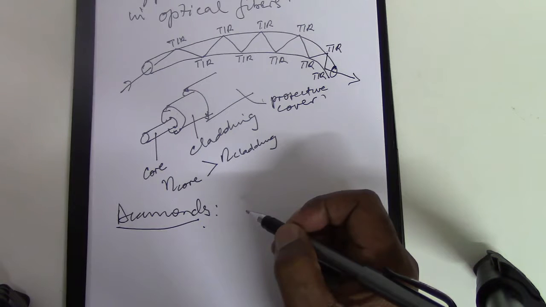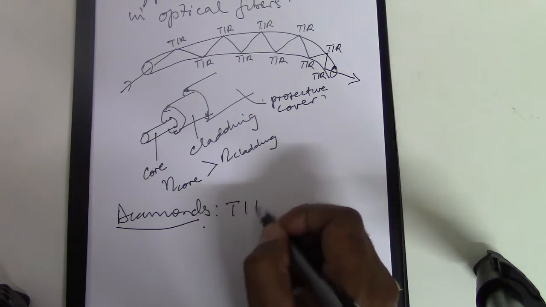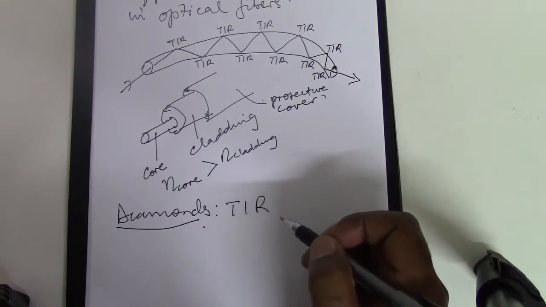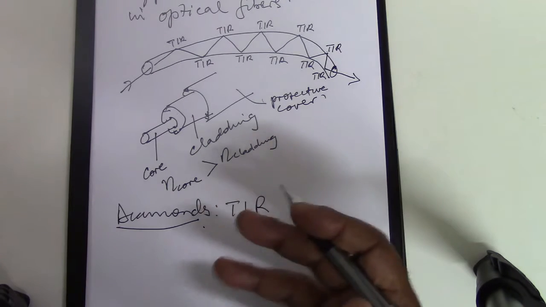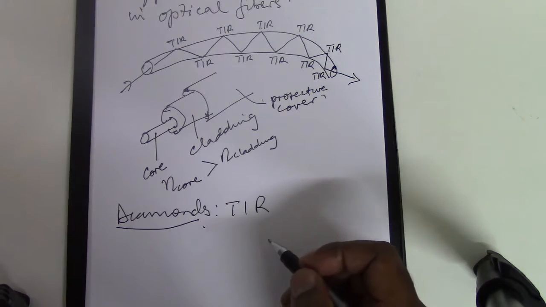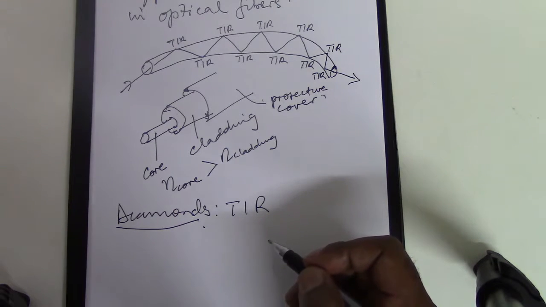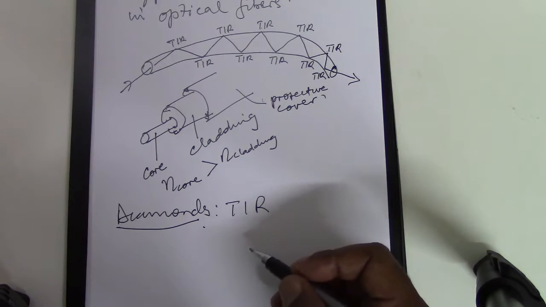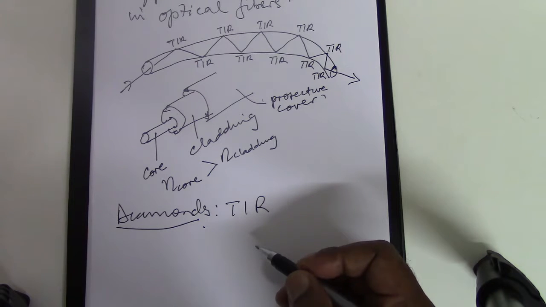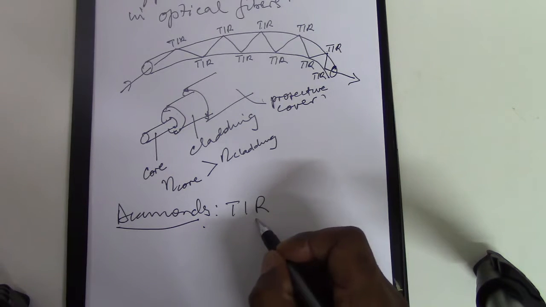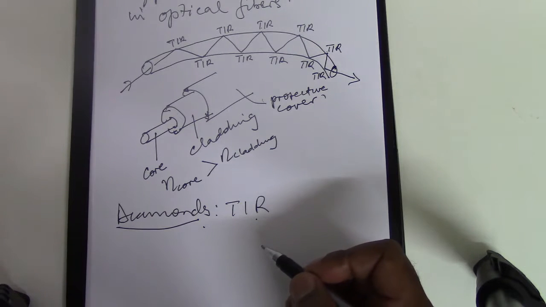And all is because of total internal reflection. So when you observe the diamond, you will find that it sparkles. But all is because of total internal reflection taking place within the diamond as light that enters is trapped in. Right. So basically, this is about total internal reflection.